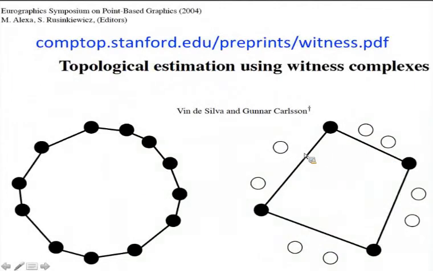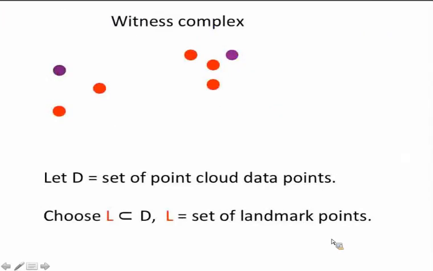With the Delaunay triangulation or the alpha complexes, we use the same vertices, we just created fewer triangles. Now what we're going to do is say, let's have fewer vertices. And so we're going to take these witnesses, which have been motivated by the Delaunay triangulation. So let's see how we do that.